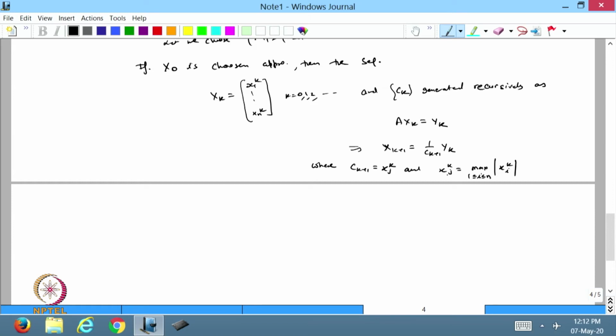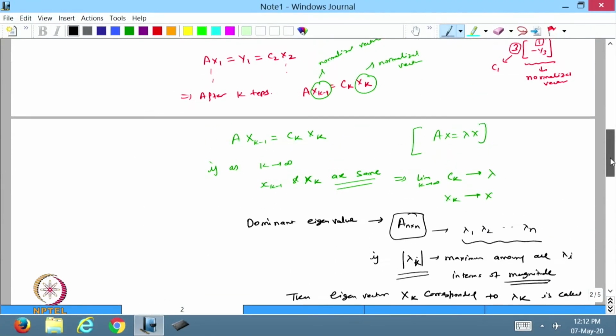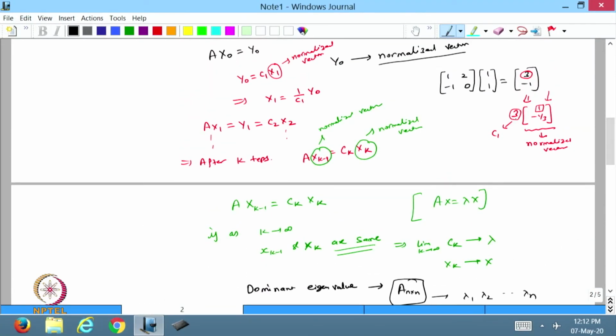I already told you that it should be the maximum value, and that maximum value I will take common, that is my ck, as we have discussed here.